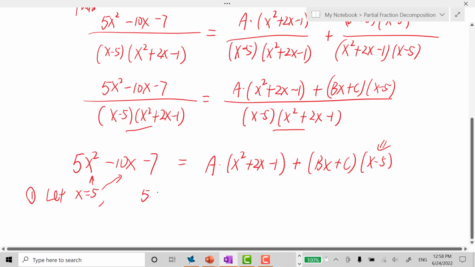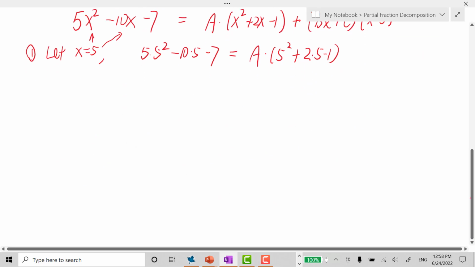So 5 times 5 squared minus 10 times 5 minus 7. On the right-hand side, we get 8 times 5 squared plus 2 times 5 minus 1. And this term 5 minus 5 becomes 0, so 0 times bx plus c becomes 0.